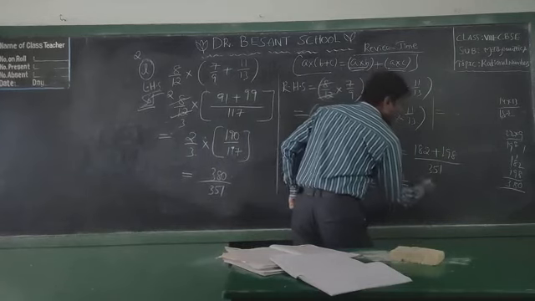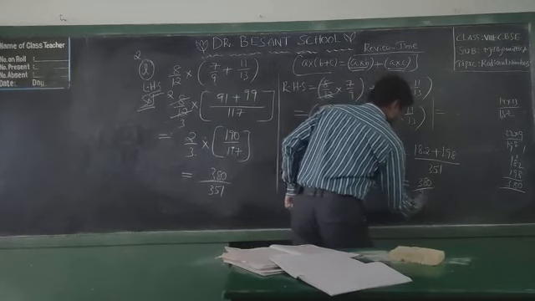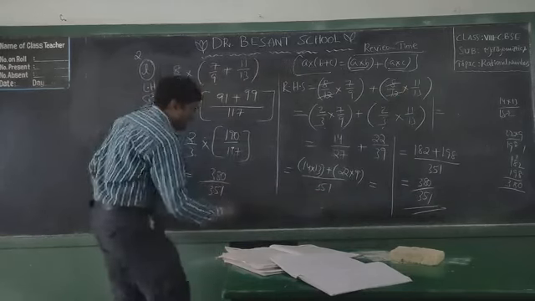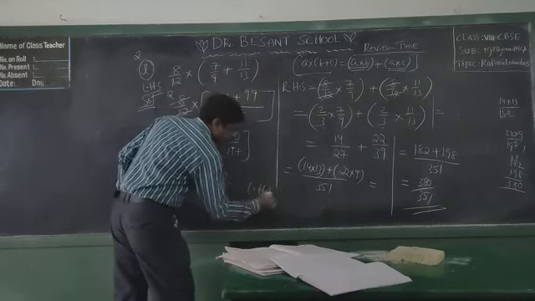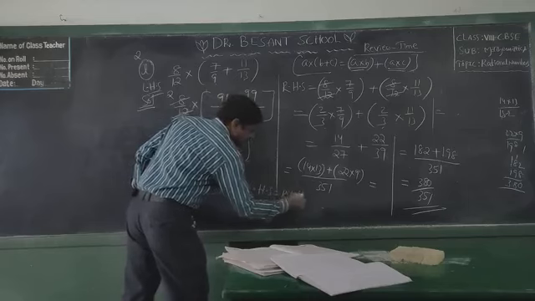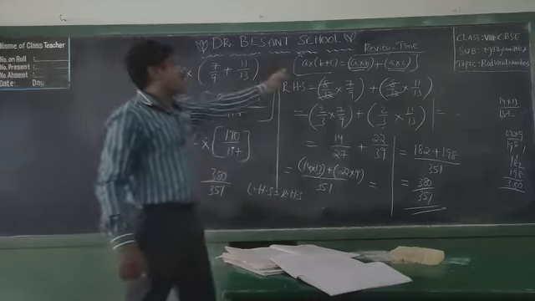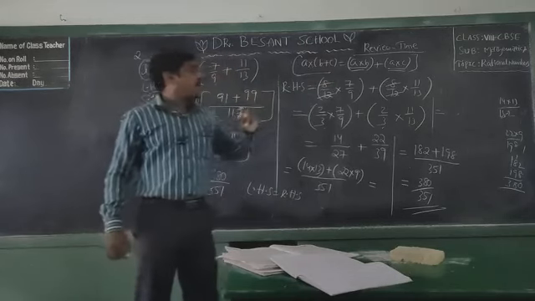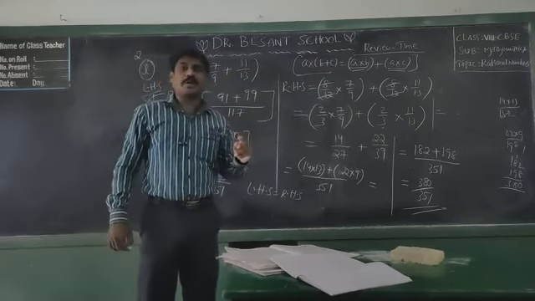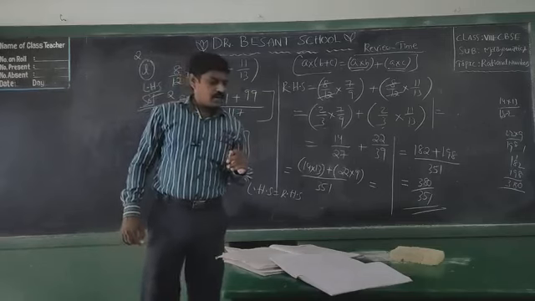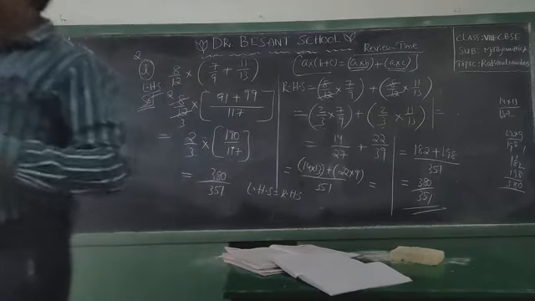So that is equal to 380 by 351. So LHS is equal to RHS and proved. So A into B plus C is equal to A into B plus A into C, the distributive law or distributive property, has been satisfied. Okay, this is the solution for this question.